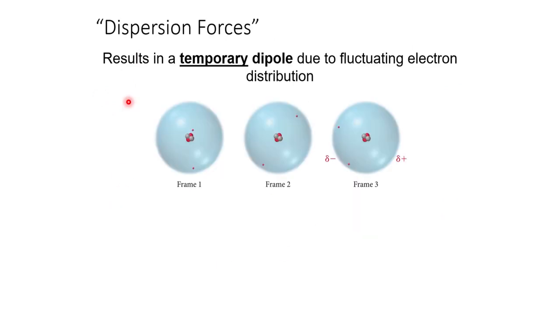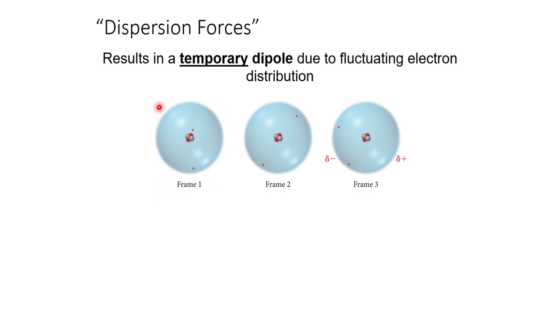So dispersion forces are from temporary dipoles, and they are due to the fact that electrons are not in one spot. They move around all the time, because remember, we can't know the location of an electron. The Heisenberg uncertainty principle tells us that we can only know its energy and not its location. And so we have those orbitals as a way to say, well, the electron must be somewhere within this space.